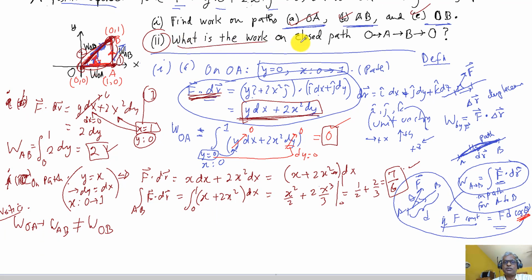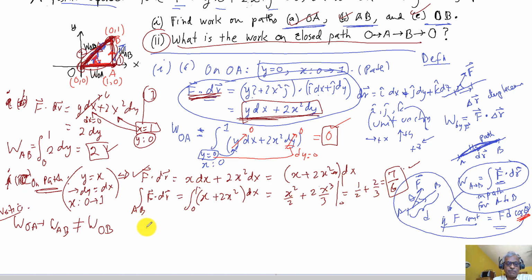It says, what is the work done on a closed path? I go this way, but I return, not go this way, but backward. If you look at this calculation, when I go backward, I go from 1 to 0 instead of 0 to 1. So this is the same, but I get 1 to 0, which gives a negative of that, right?